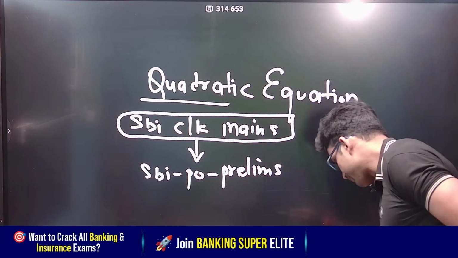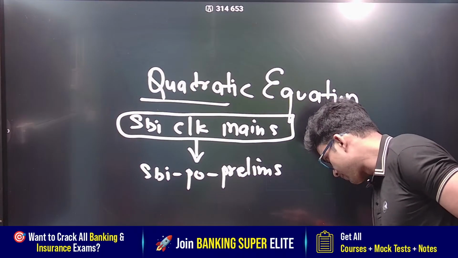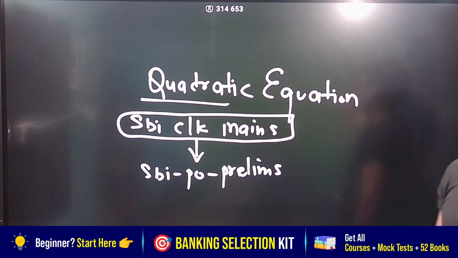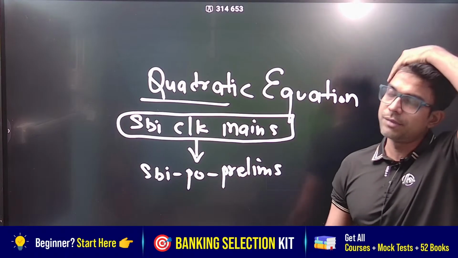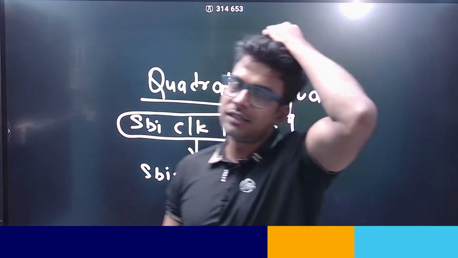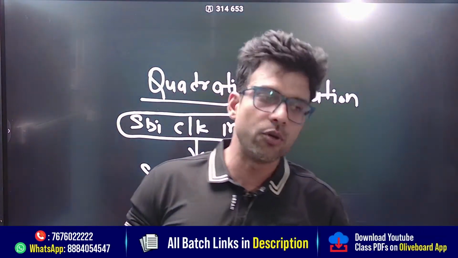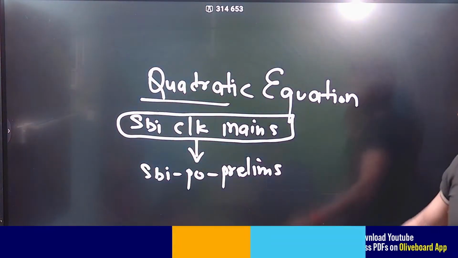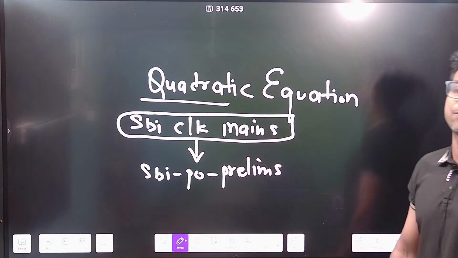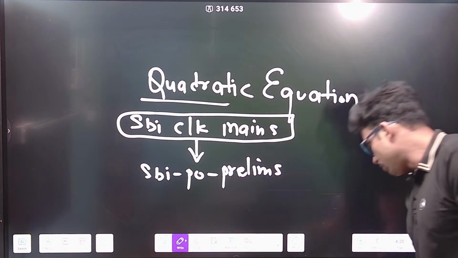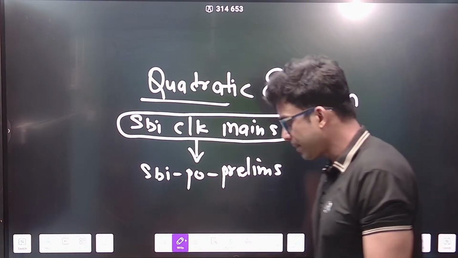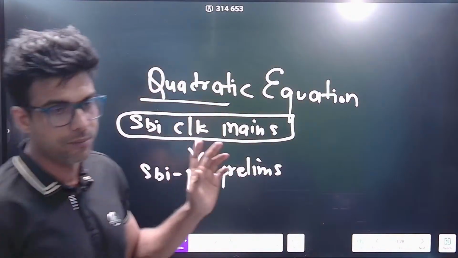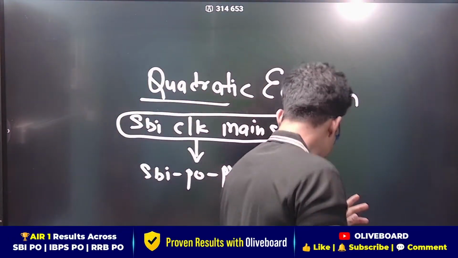Everyone is getting this? If you solve a Clerk Mains question, it can be asked in the PO Prelims. Please don't get confused. I am asking mains questions that can be asked in SBI PO Prelims or SO. Those preparing for SO can also come and see this session. Again, a very important session for all of them, isn't it?